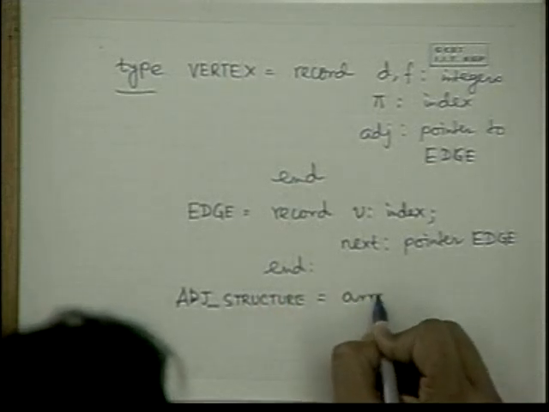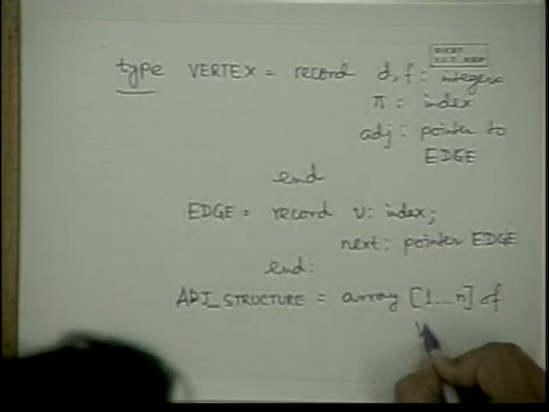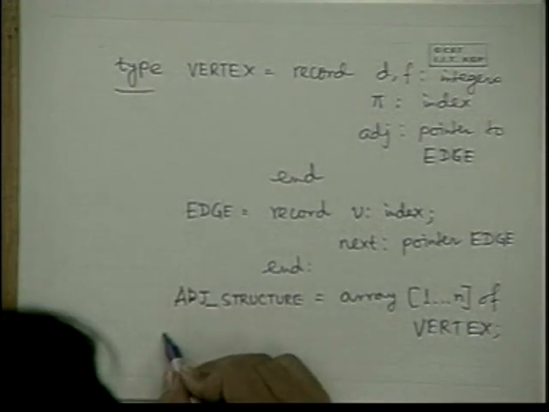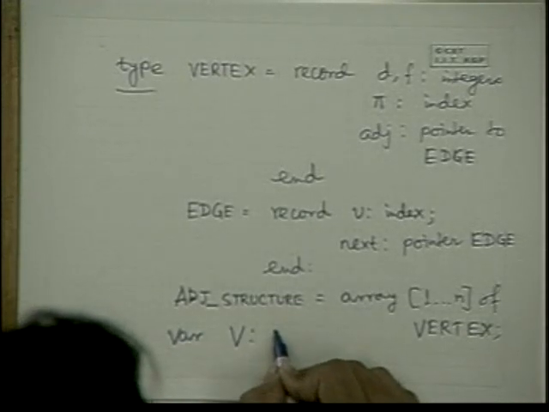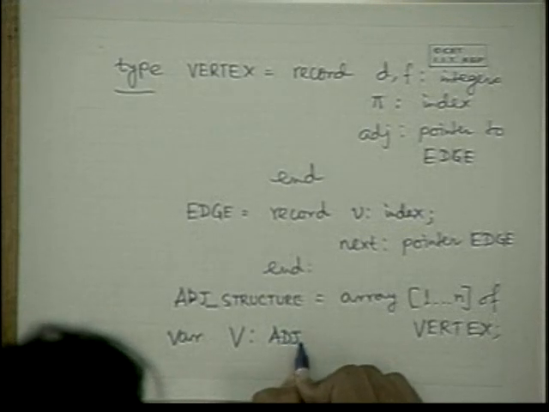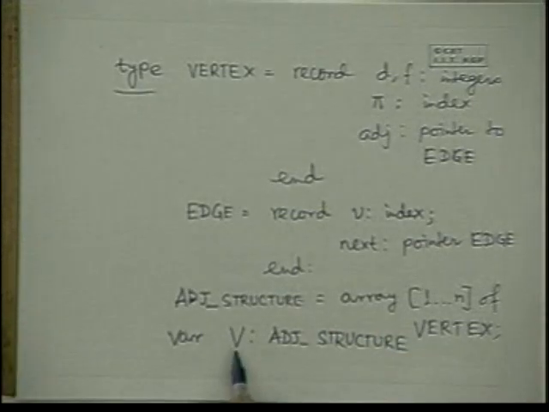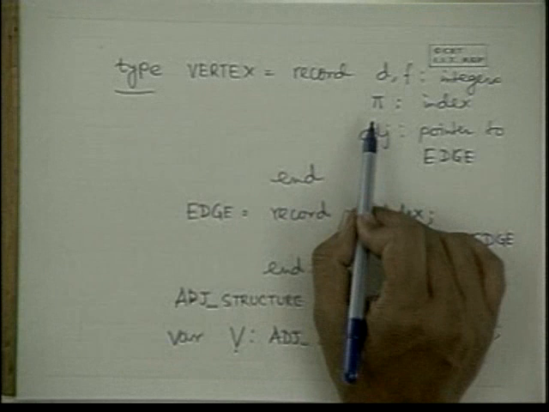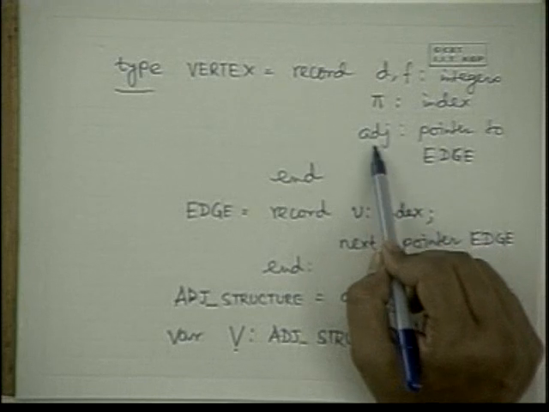This is nothing but an array of 1 to n of vertex. Now we can declare a variable, say v, which is of type adjacency structure. So v is an array of the type adjacency structure. Adjacency structure, I have defined so that each element is of the type vertex, and vertex is defined like this. I will explain later in our algorithm what these d, f, pi and adj are.